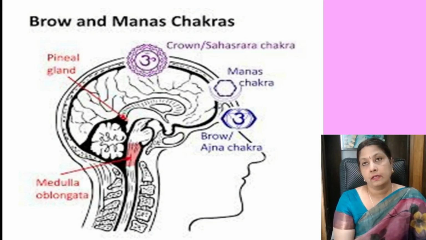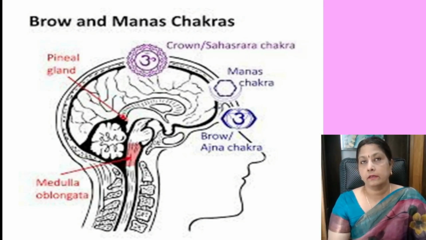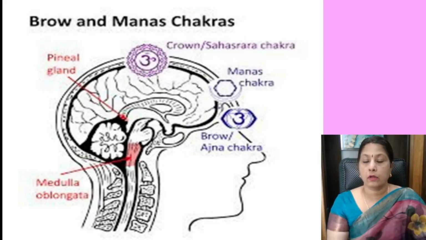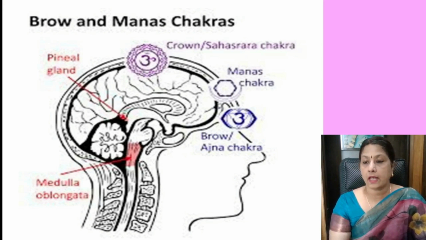Then comes the rajasic. Rajasic is all about action, being externally oriented, being very passionate about doing things. All these things are rajasic. And then comes sattvic. Sattvic is joy, peace, knowledge. Sattvic quality is the closest to God. So when you are moving into the sattvic quality totally, you are liberating yourself from these cycles of life and death.